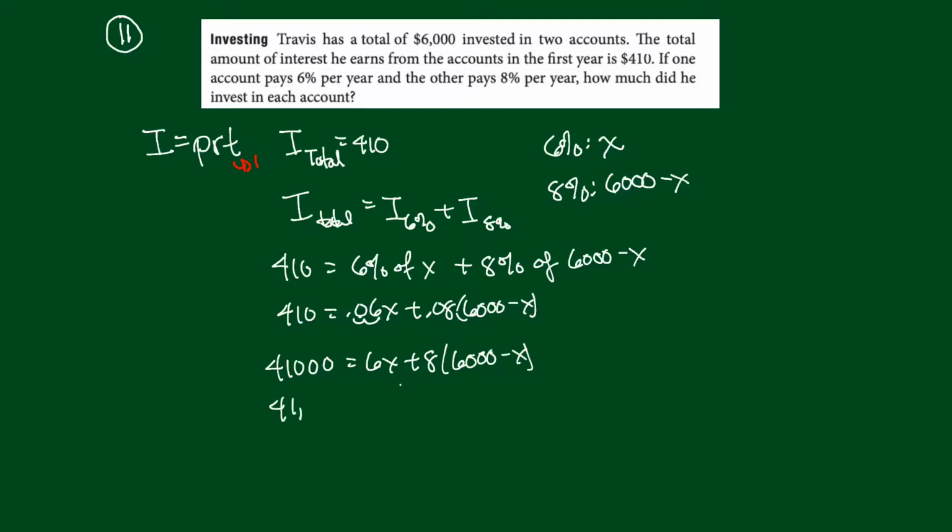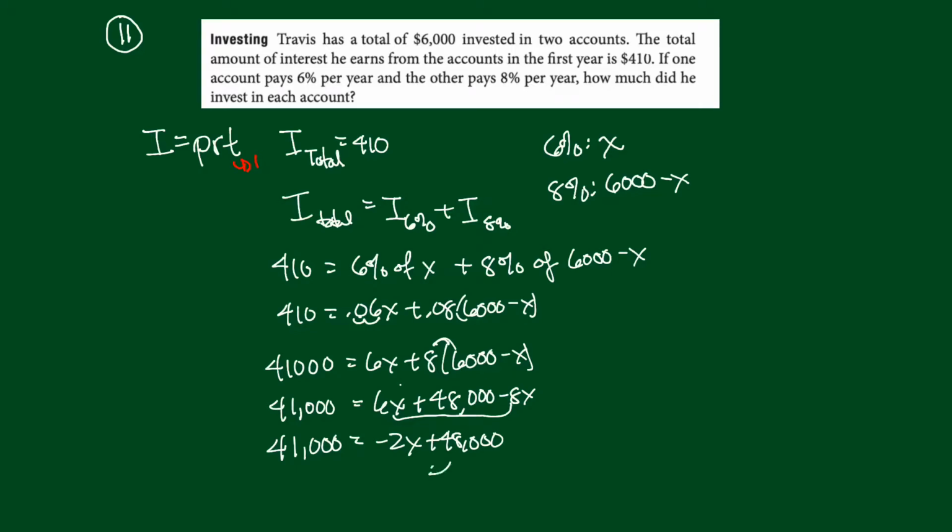Now multiply through. 6 times 8 is 48, and you've got 3 zeros, minus 8x. So this is 41,000 equals 6x minus 8x, minus 2x, plus 48,000.